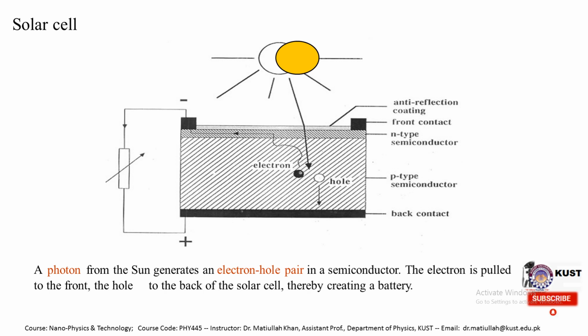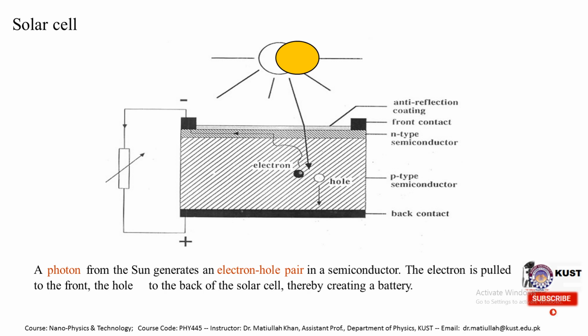Similarly, if you want to move an electron from the valence band of a semiconductor to the conduction band, we need to provide an equivalent amount of energy, that is the band gap energy. So a photon from the sun generates an electron-hole pair in a semiconductor. How is it created?